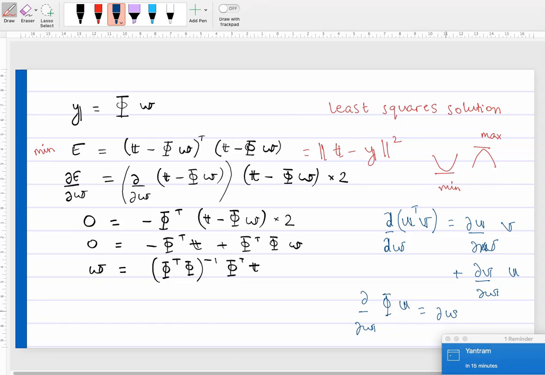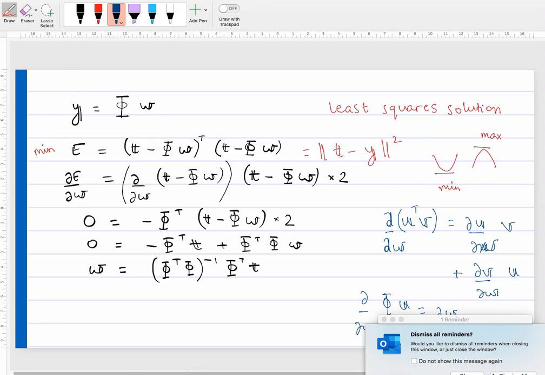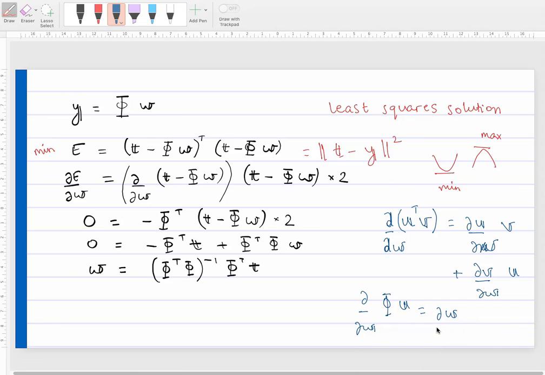So this will be given by dou U by dou W times phi transpose.